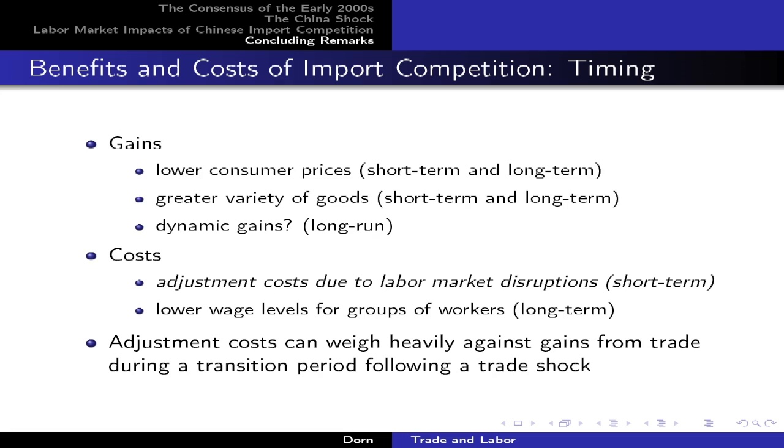Now, the costs of trade in traditional models were costs that affect wage levels. And again, this is sort of a longer-term adjustment. In the long term, the wage levels of some people will go down. Of course, for other people, they might actually go up.